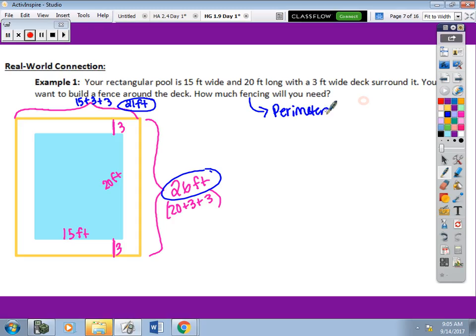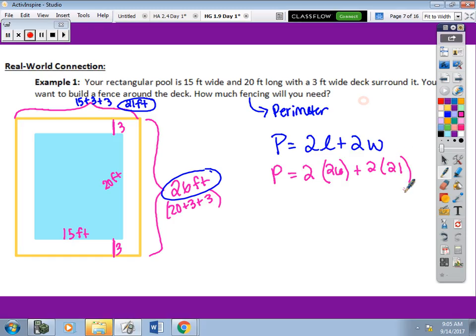And you have 2 options. You can use the formula, or you could add up all the sides. If you want to use the formula, you'll double them and then add them. So we let our length be the 20, so that would be 2 times 26 plus 2 times 21.